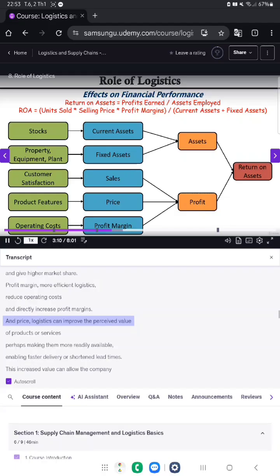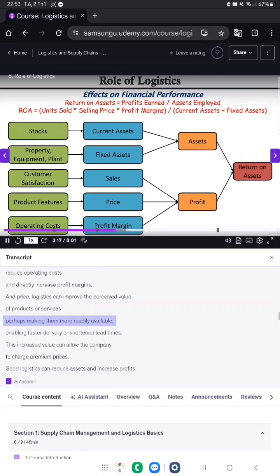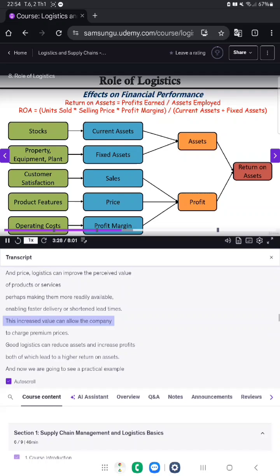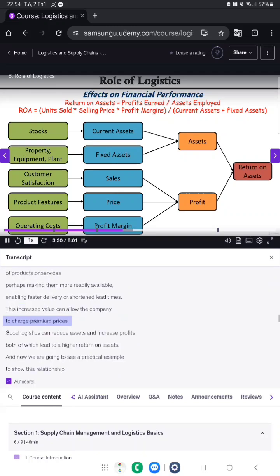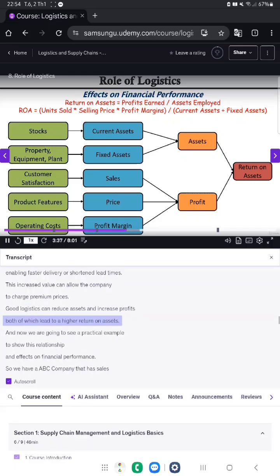And price: logistics can improve the perceived value of products or services, perhaps making them more readily available, enabling faster delivery or shortened lead times. This increased value can allow the company to charge premium prices. Good logistics can reduce assets and increase profits, both of which lead to a higher return on assets.